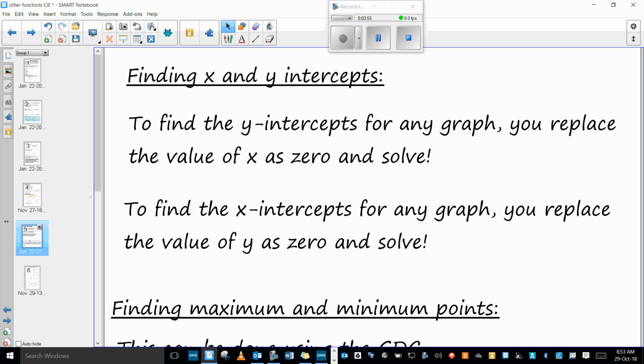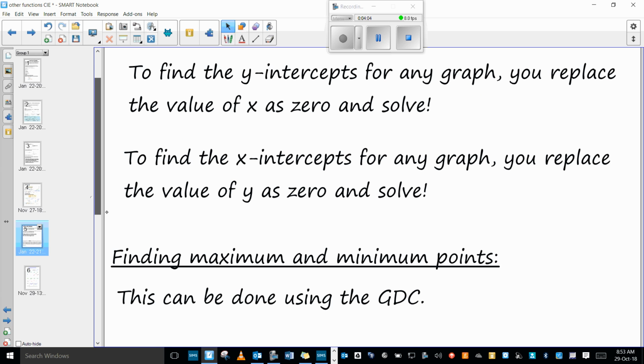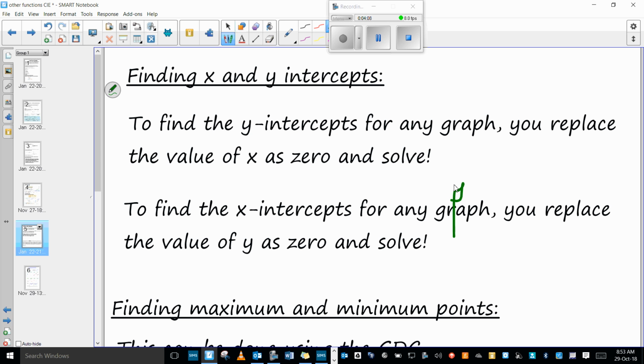To find x-intercepts, you replace the value of y with 0 and solve. We've been doing that lots in the past. For example, when we talked about quadratics, if we had y equals (x + 2)(x - 3) and were trying to find the x-intercepts, we already know that they're at -2 and positive 3, don't we?